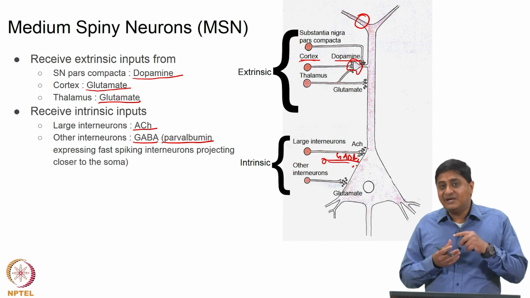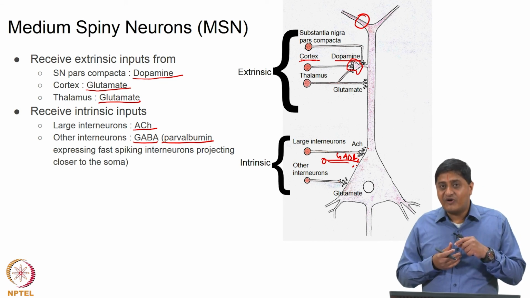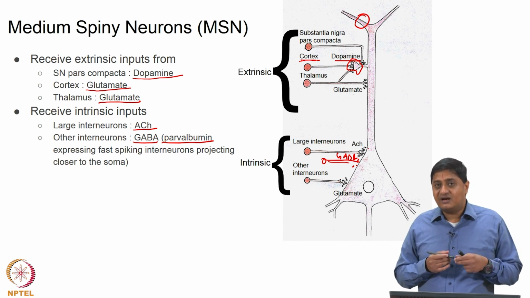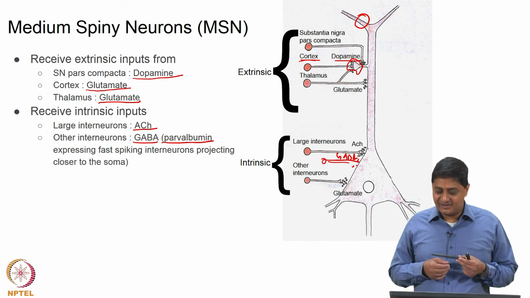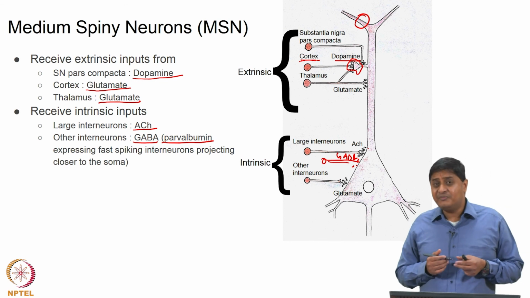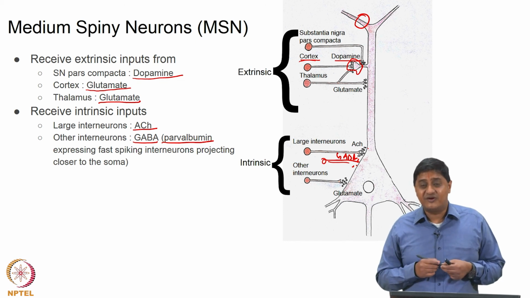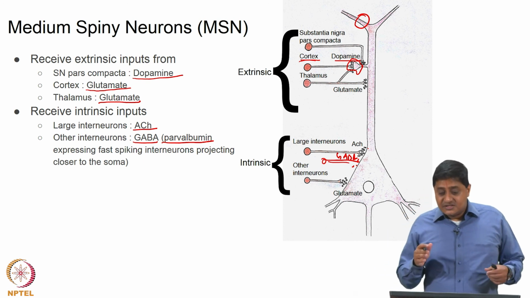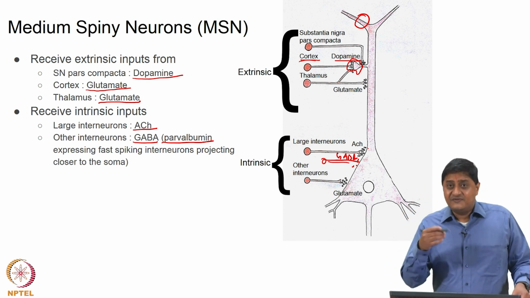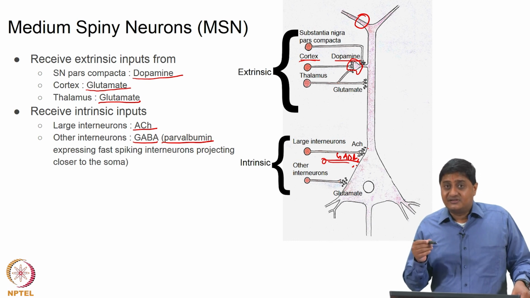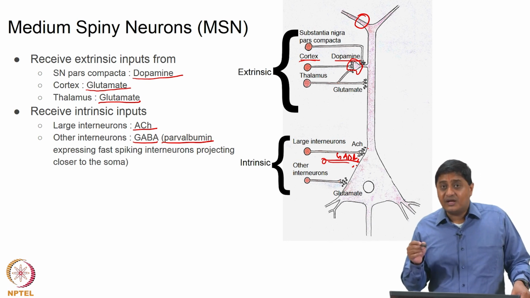For example, if the medium spiny neuron forms part of the direct pathway, then it will have D1 receptors for dopamine and will get excited whenever dopamine is released, right. Whereas, if the medium spiny neuron forms part of the indirect pathway, it will have D2 receptors for dopamine, thus getting inhibited, right.